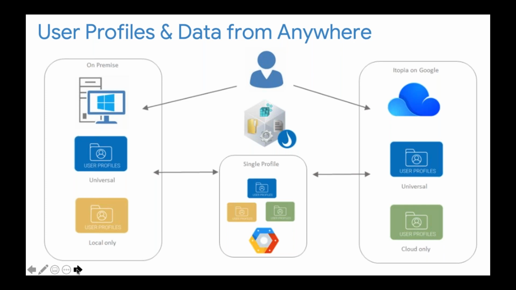So we could say, you know what? When you're on premises, yes, go for Windows appearance. I'm okay if you want the picture of the cat on your desktop. But when you log on itopia, I don't want that. So that will apply here, but not there. And so on and so forth. You can see where you can very easily build a single profile that will apply depending on the scenario and where you're going to.